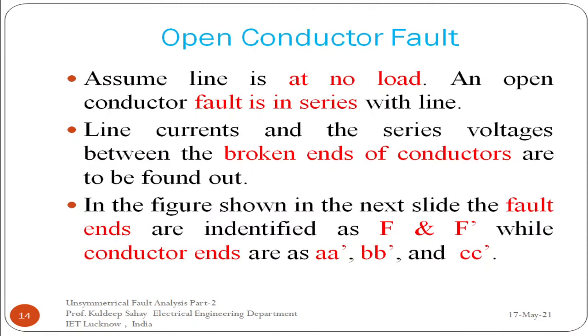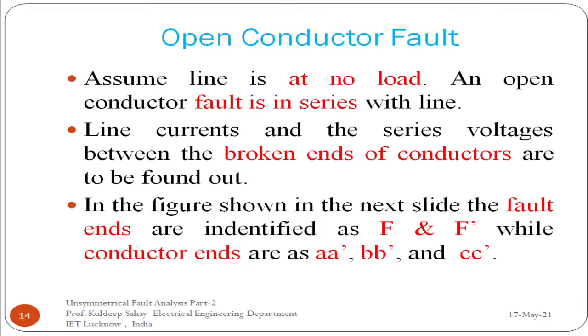Again here it is assumed that the line is at no load, and the open conductor fault happens in series with the line, and this broken line is assumed to be not touching the ground or the other phases.